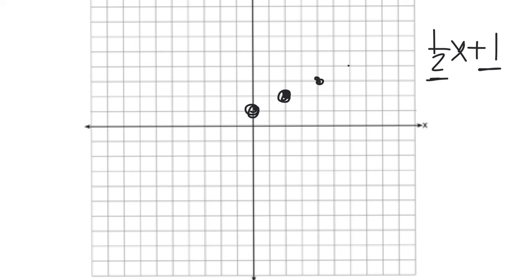That might be a faster way of graphing this. Kind of like that. Maybe I'll just connect these with a line to make it a little bit smoother. Oh, hang on. Can I move that? There we go. That looks better.